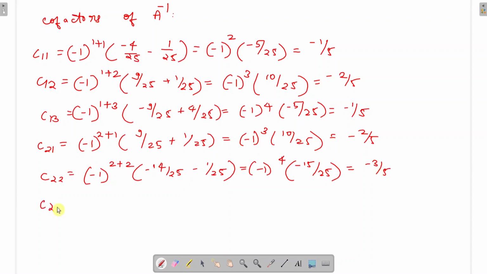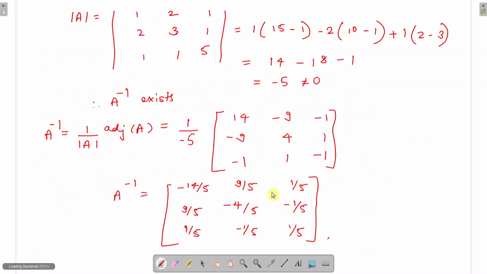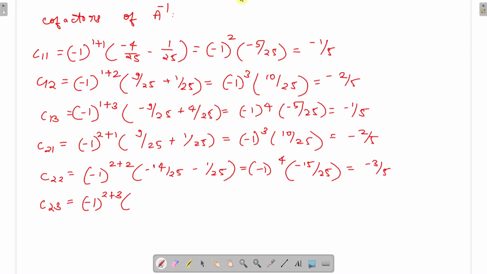Then C23, minus 1 raised to 2 plus 3. So we will get 14 by 25 minus 9 by 25, which is equal to minus 1 raised to 5 times 5 by 25, which is minus 1 by 5.